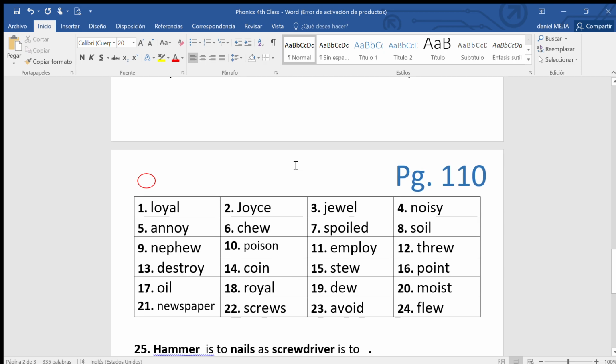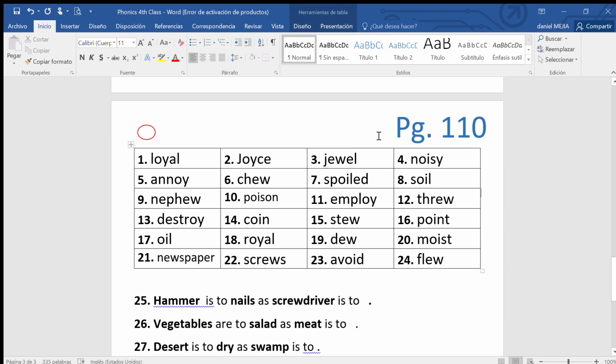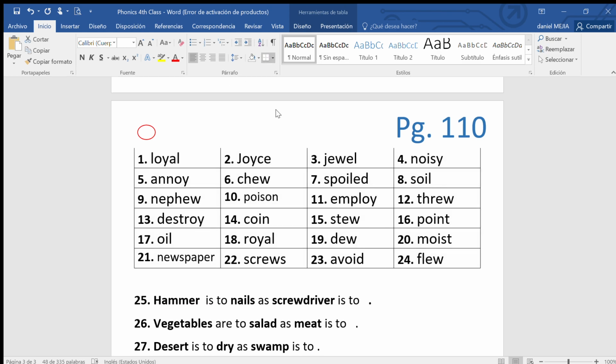Continuing with the class in the video, we have page 110, okay? Page 110, we're seeing the same topic about diphthongs with E-W, O-I, and O-Y. So what you're going to do on the first part of the page, it says, say each word and circle the diphthong, okay? So you're going to circle the diphthongs.